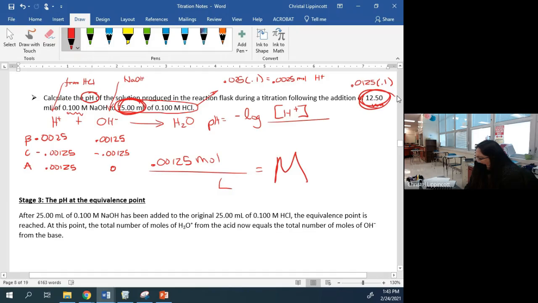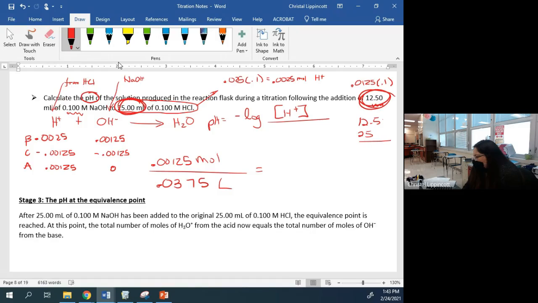So what is my value down here? 12.5 and 25 is? Yes, and that's going to equal my molarity. I'm still not to pH, y'all.